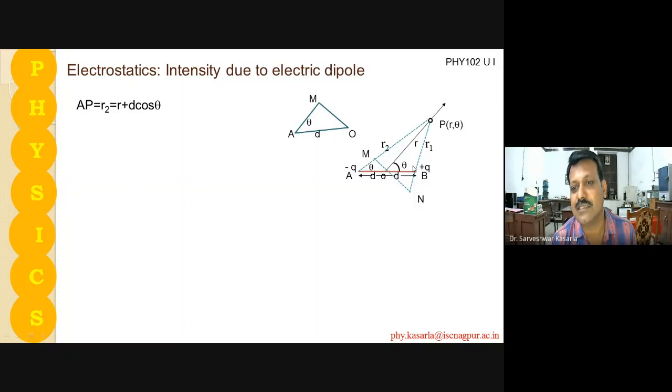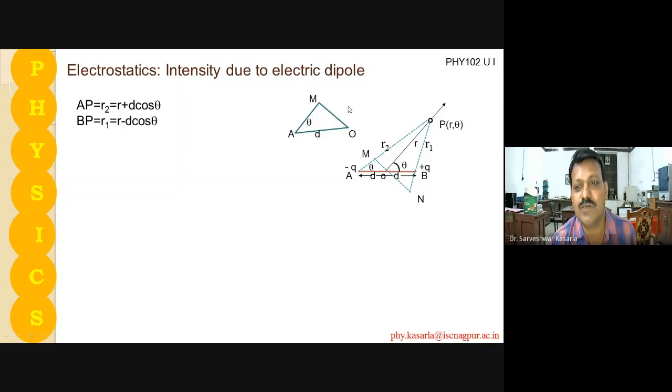As this distance is very small, they may be equal. So R2 will be equal to this distance R plus MA, and AM will be equal to this. If this distance is d, and this is theta, then MA will be d cos theta. Therefore AP is equal to R2, which is equal to R plus d cos theta.